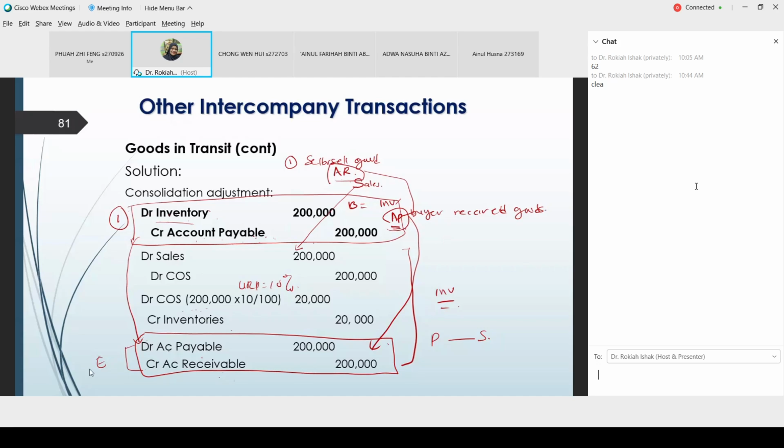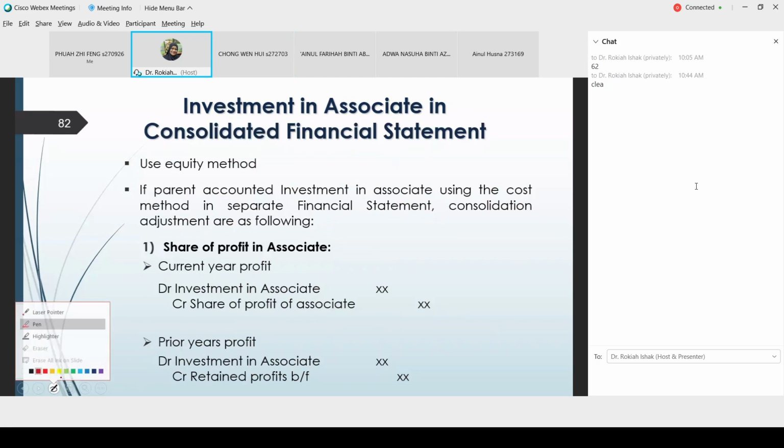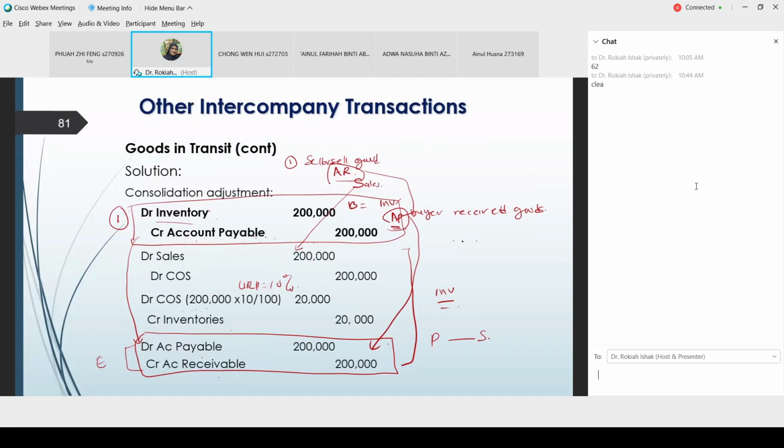Okay, so again, for this one, once again. When you have sales, you debit your accounts receivable and then credit sales.